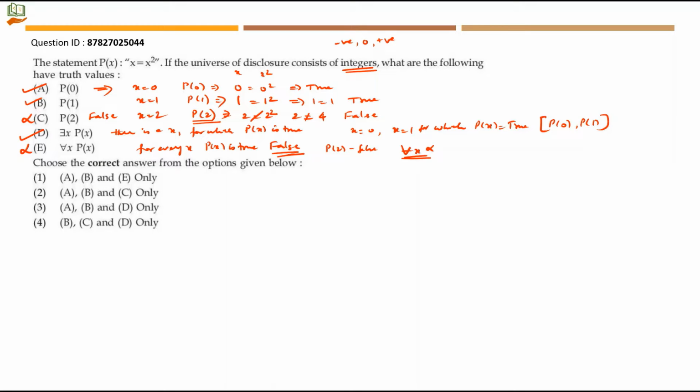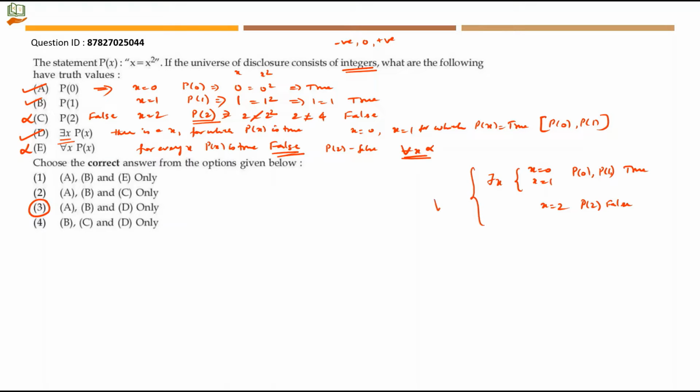A, B and D. The option that includes these three will be option number 3, which is the right answer. When x is equal to 0 and x is equal to 1, P of 0 and P of 1 are true. When x is equal to 2, P of 2 is false. This is what we calculated from A, B and C. So when they say there exists an x, this condition can be applied.